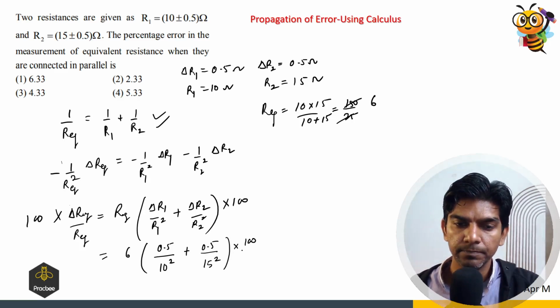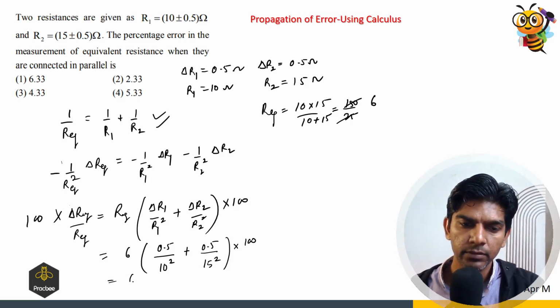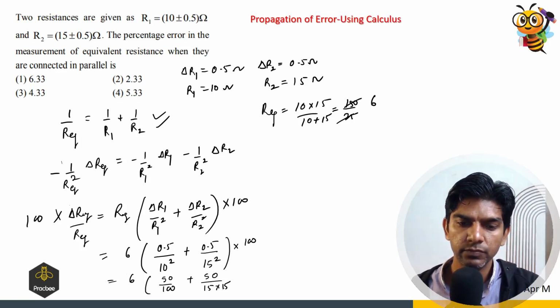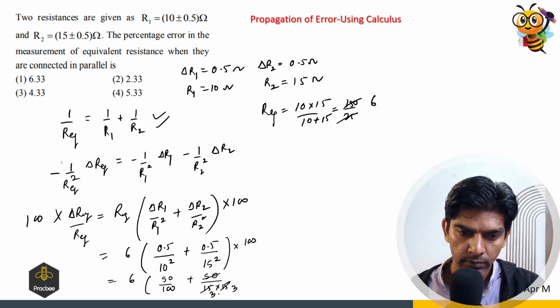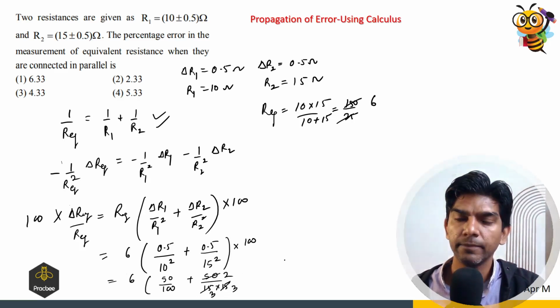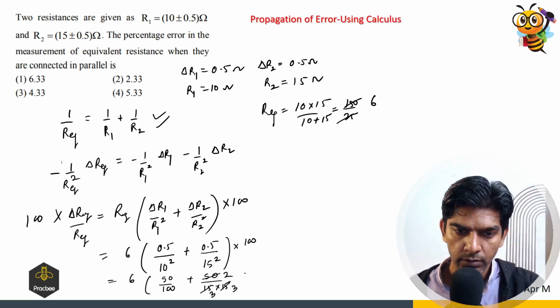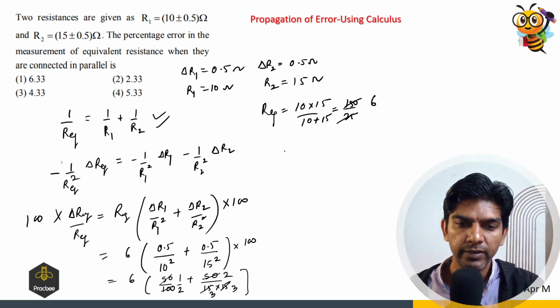Now let us take this 100 inside the bracket. So we will get 6 times 50 by 100 plus 50 by 15 times 15. So this will give us 3, and that will be 2, right? And this will give us 1 by 2. So let us multiply 6 inside.